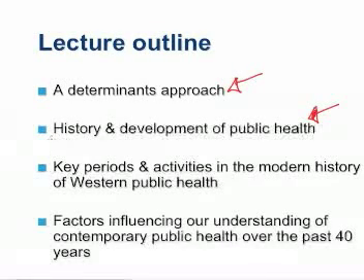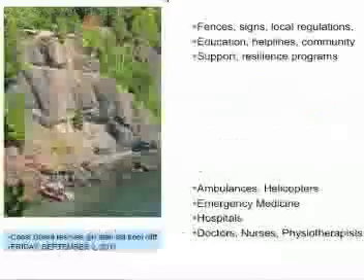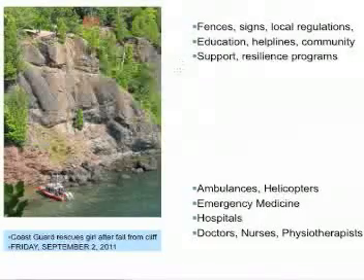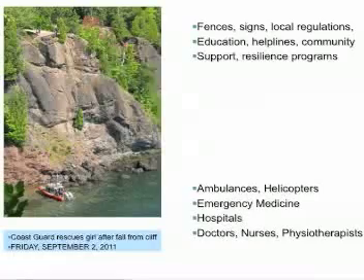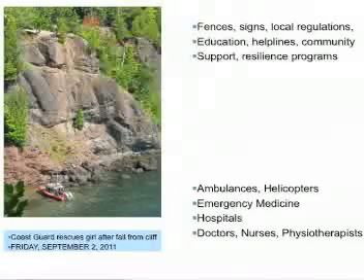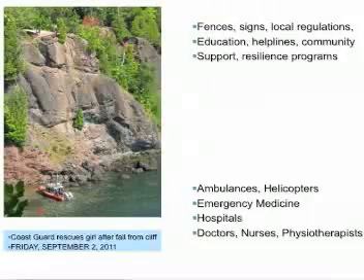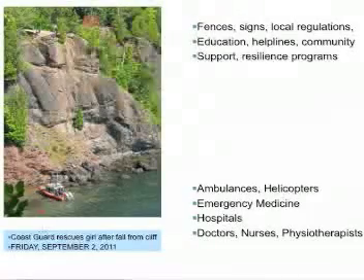In describing the history and development of public health, we'll be looking at key periods and activities in the modern history of Western public health, just to give a background as to where we came from. Now, firstly, this is one analogy that I use quite often to describe public health, and basically it was prompted by this article in a paper showing the Coast Guard rescuing a girl that had fallen off a cliff.